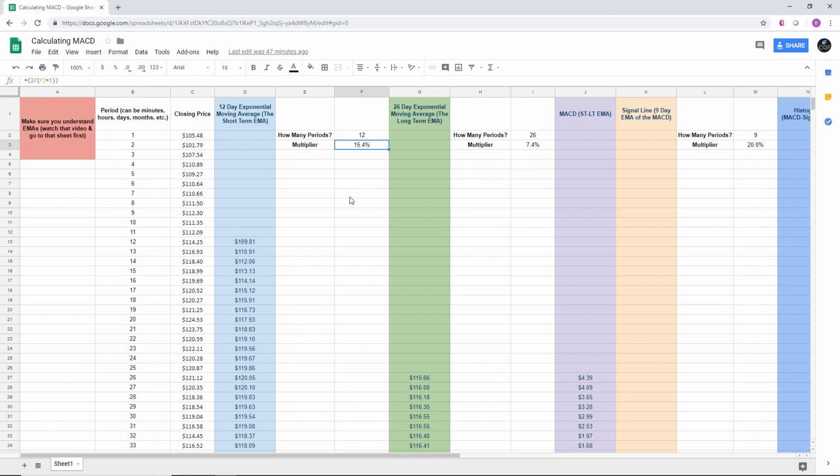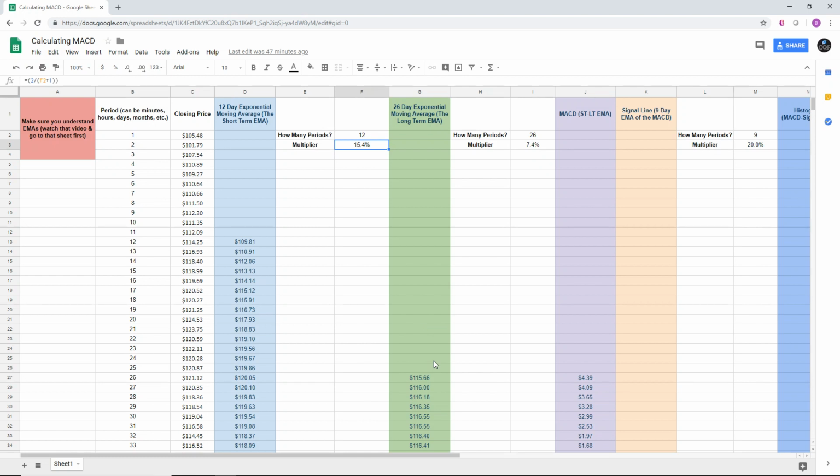That tells you what the weight is for the most recent observation. So you can see, just doing basic math here, 15.4% is definitely a higher weight than if you just had 12 days equally weighted. Either way, you have the 12-day exponential average.